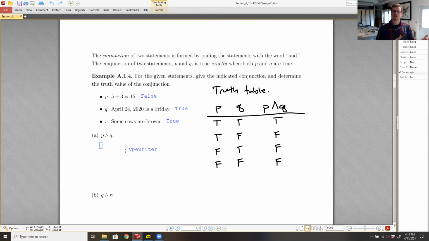I simply restate the statements with the word "and" between them. So P is that 5 plus 3 is equal to 15, and Q is that April 24th, 2020 is a Friday.